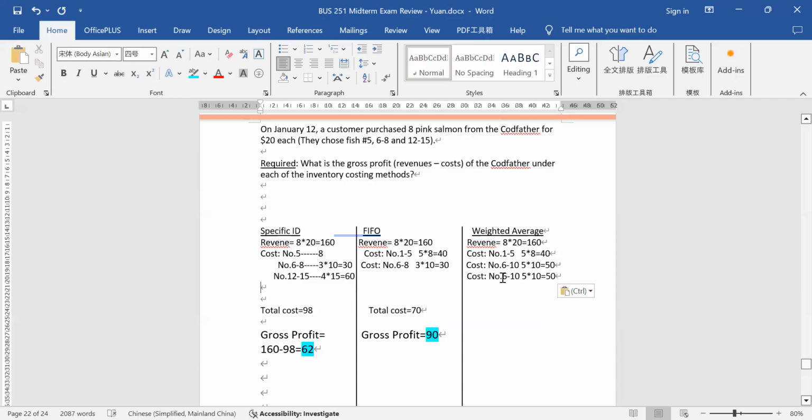For the cost, fish 11 to 15, the price will be 15, and then we got 75.